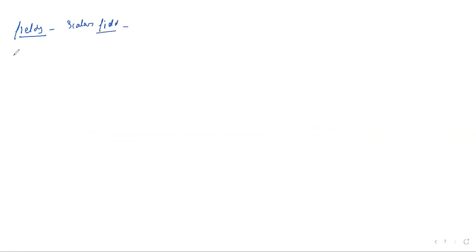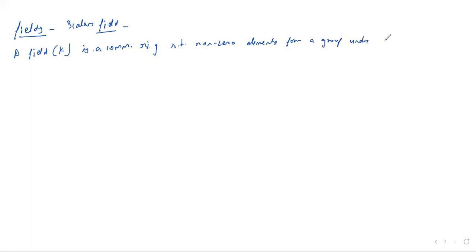And now what are fields? A field, which we denote here by the symbol K, is a commutative ring such that non-zero elements form a group under multiplication.